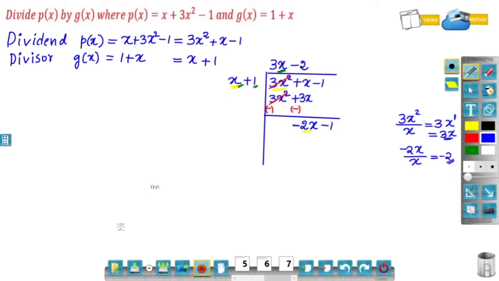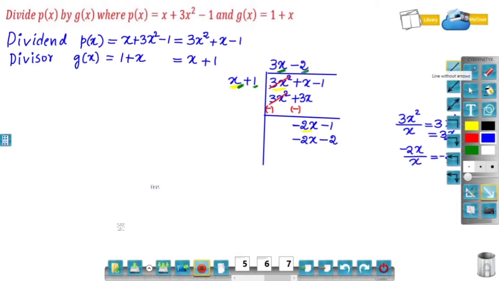Now you have to multiply minus 2 by each term of the divisor. Minus 2 into x you have to do, then minus 2 into 1. Now minus 2 into x is minus 2x, minus 2 into plus 1, minus into plus is minus, 2 ones are 2.